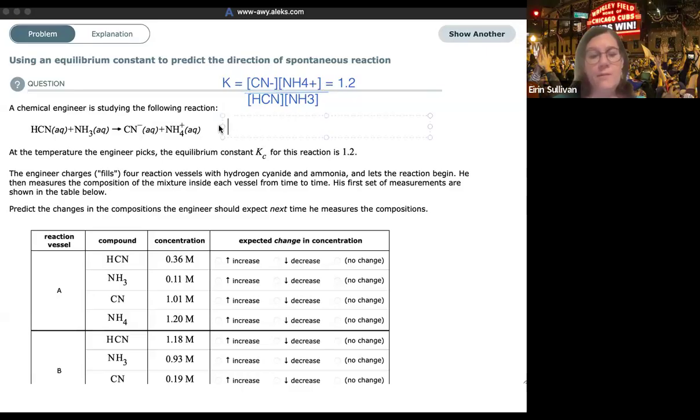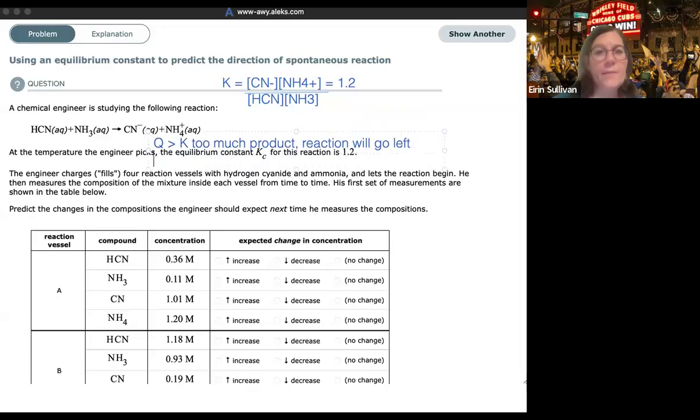So if we see anything where Q is greater than K, so in this case greater than 1.2, that is going to tell us that we've got too much product. So my equilibrium will shift to the left. Reaction will go left, which means the concentration of the products are going to decrease and the concentration of the reactants will increase until you get to equilibrium.